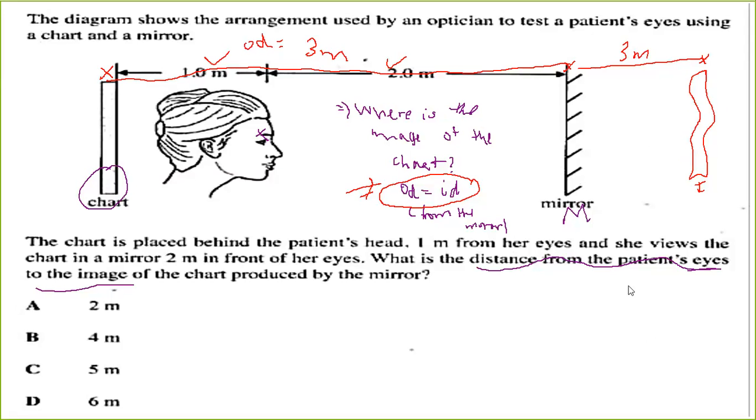Very good. Very good. All right, so it's 3 plus 2, which gives us 5 meters. Okay?